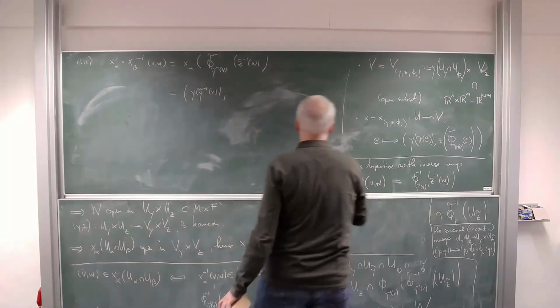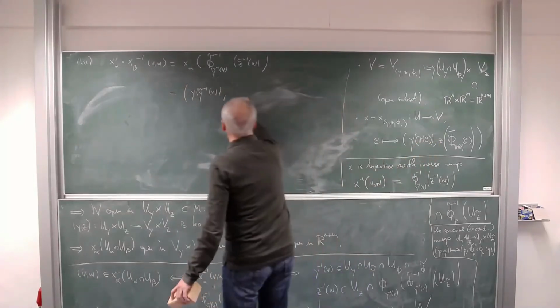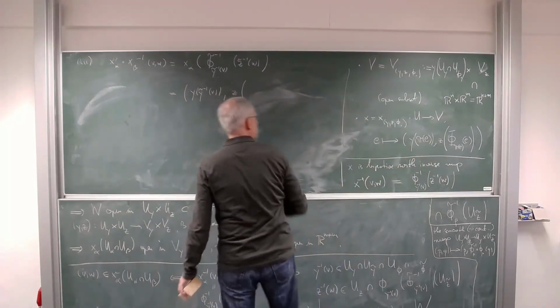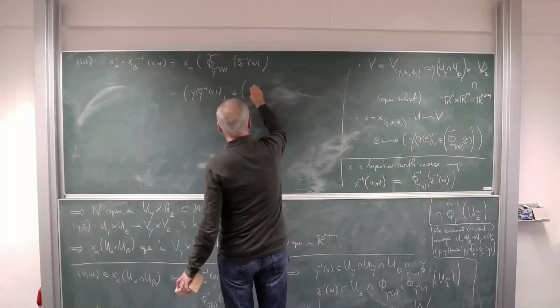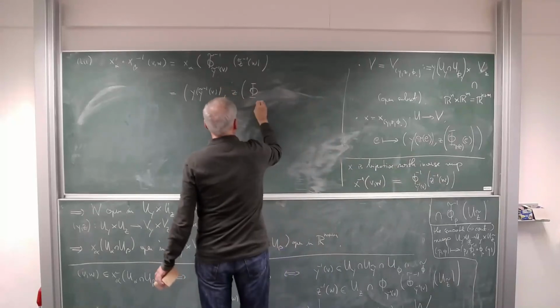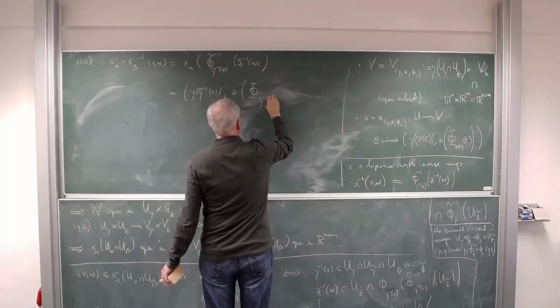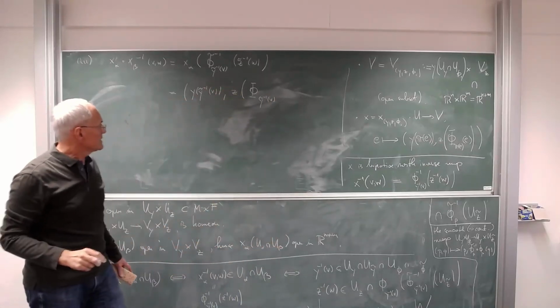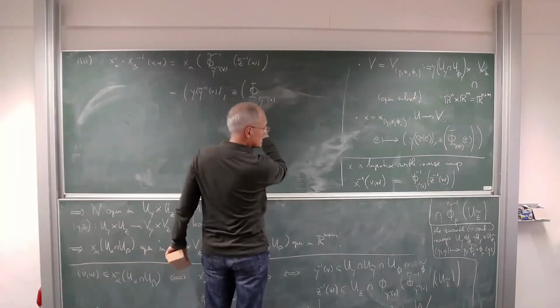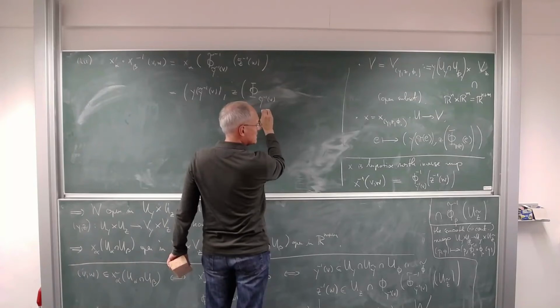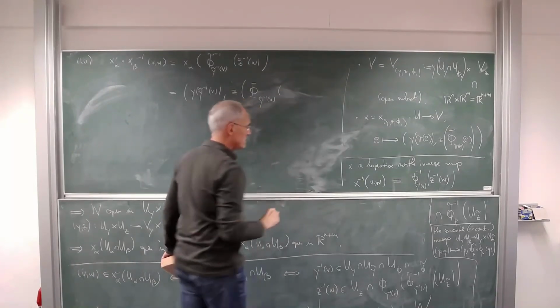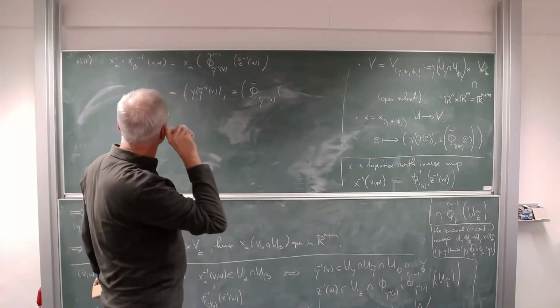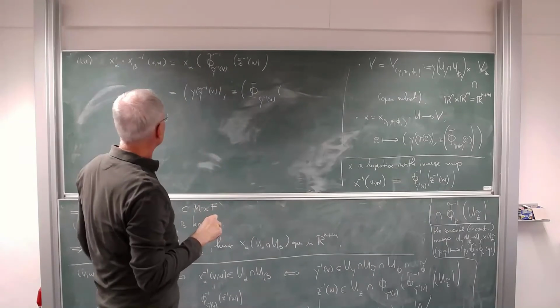And for the second component, I have to take Z, apply it to phi of this base point. So P is given as Y tilde to the minus 1 of V. And then apply that to the whole thing.